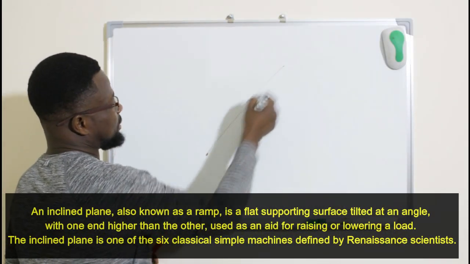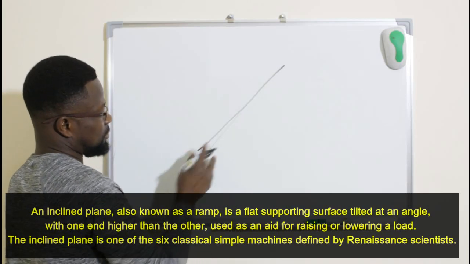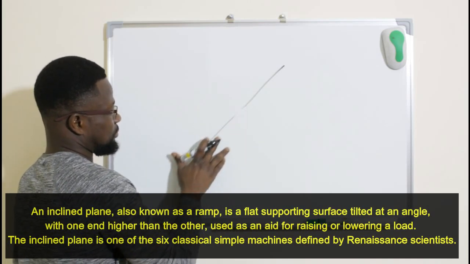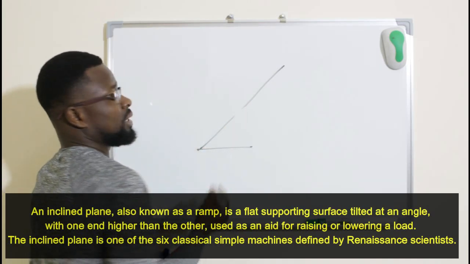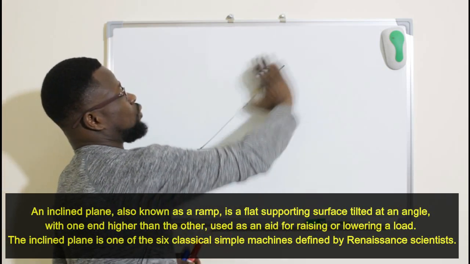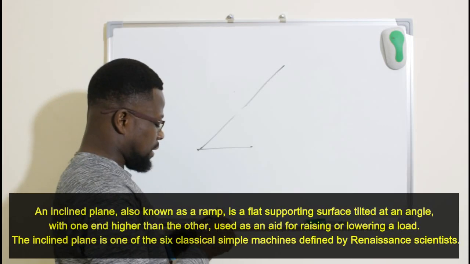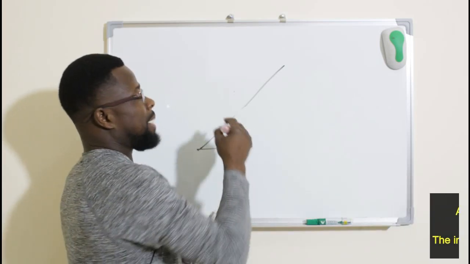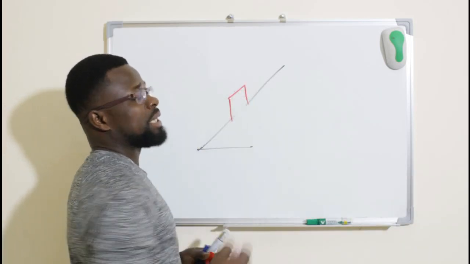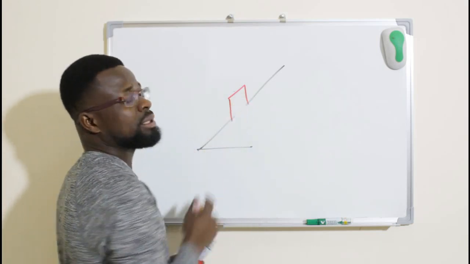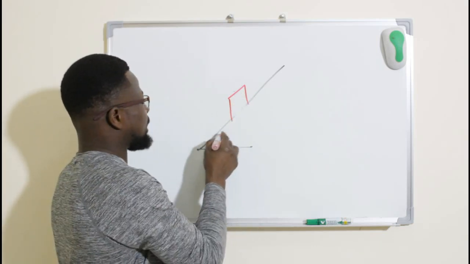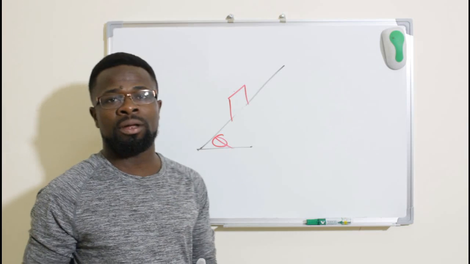If I have this, this is referred to as the inclined plane, and say that we are having a mass or an object which is placed on this, and we are having it at a certain angle at this point.